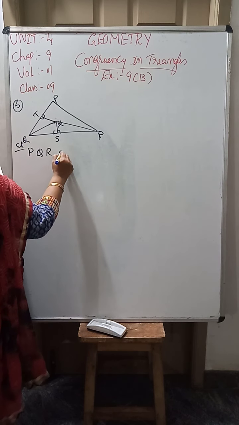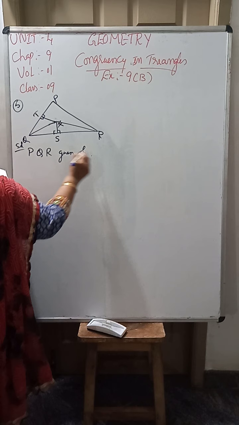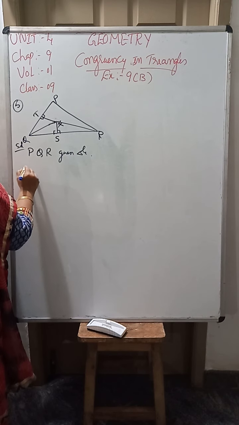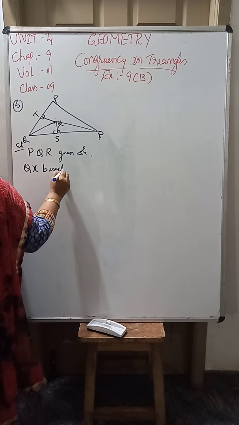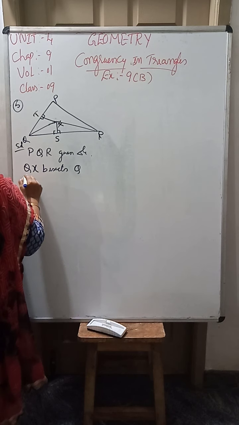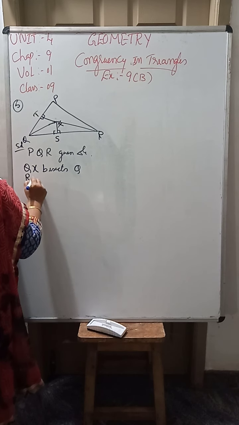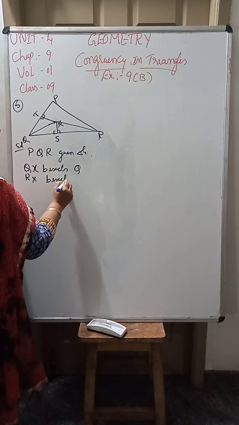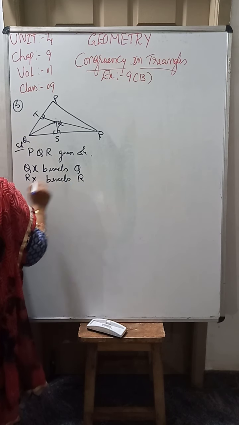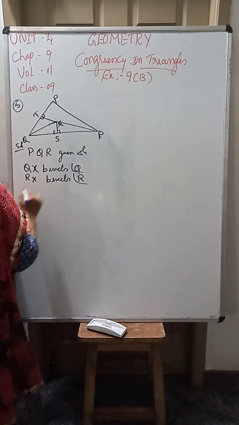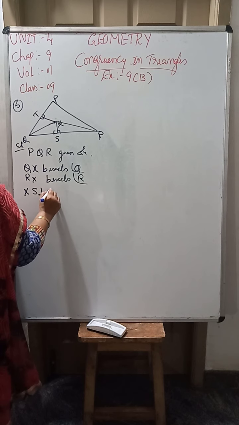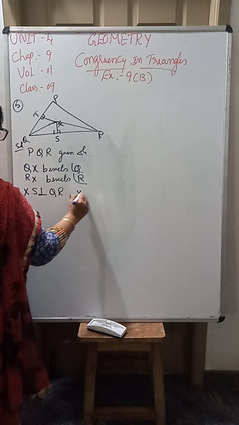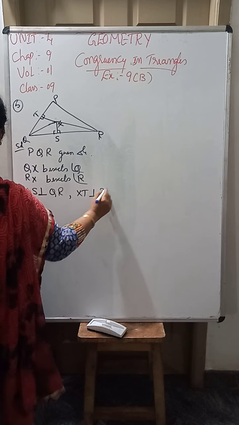Given: triangle PQR, QX bisects angle Q, RX bisects angle R, and XS is perpendicular to QR, XT is perpendicular to PQ.